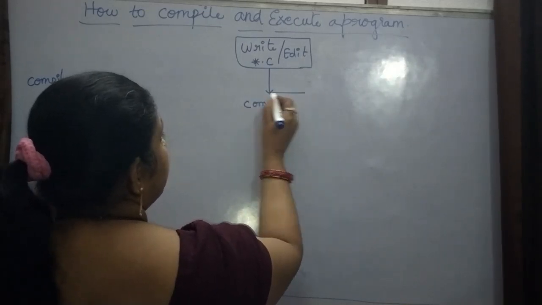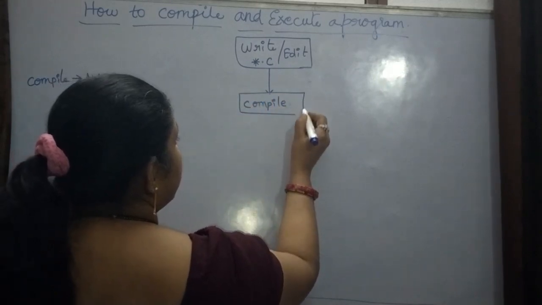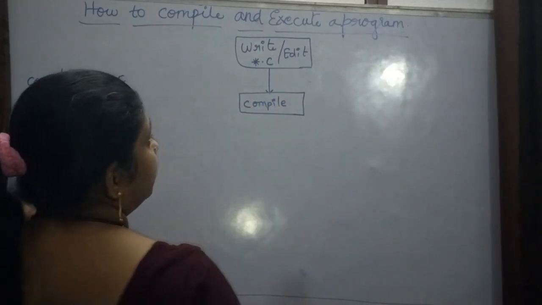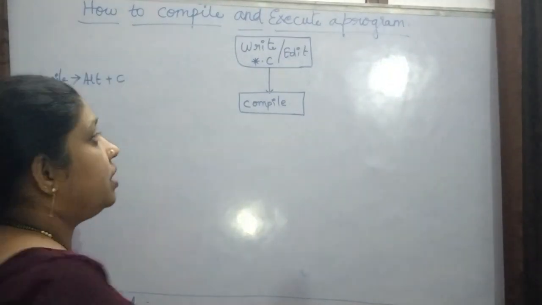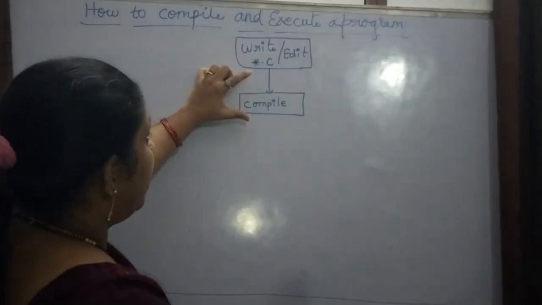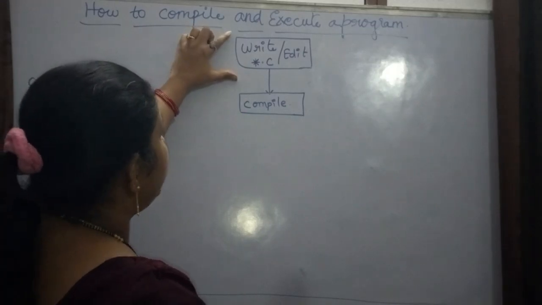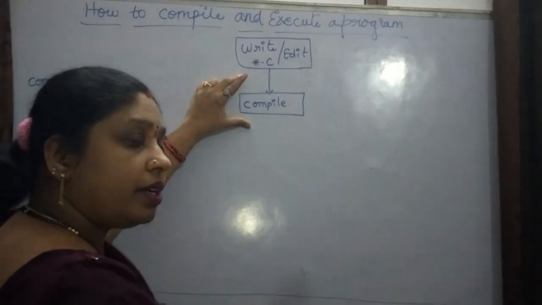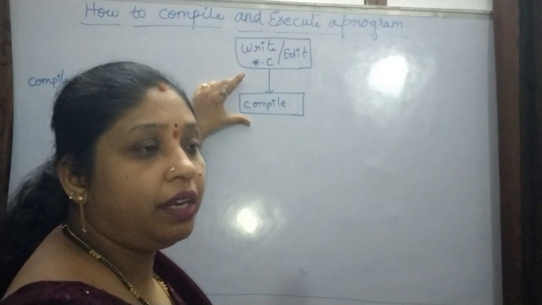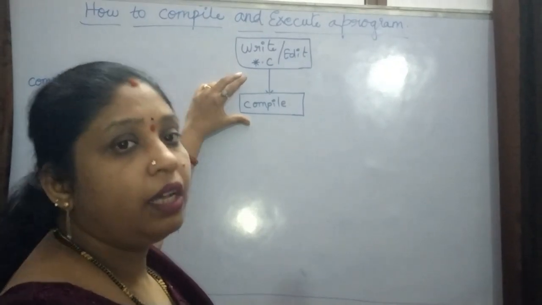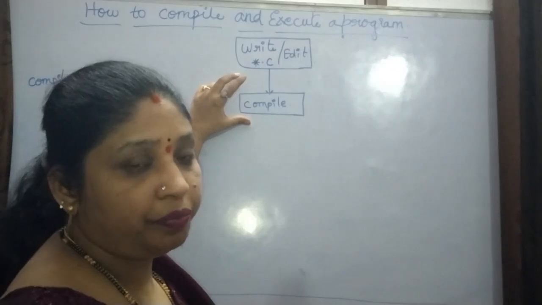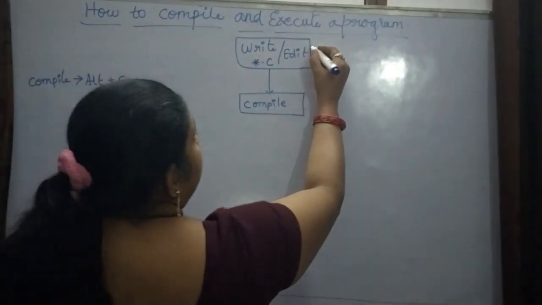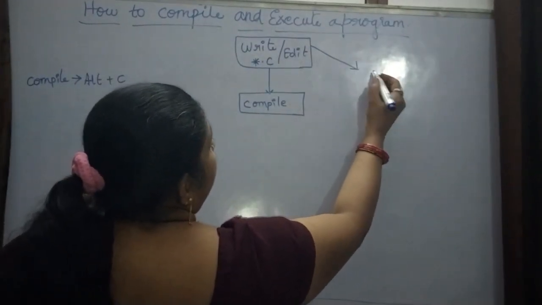Compilation is done with the compiler in the operating system. Now this is the source code. When the source code is given to the compiler, the compiler will compile it and it will generate an object code. So just observe what I am writing here.